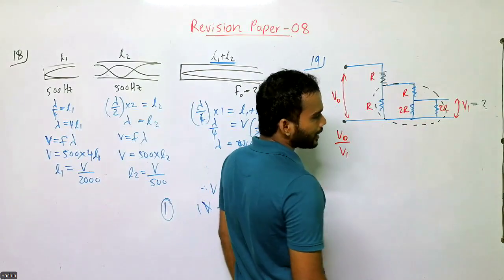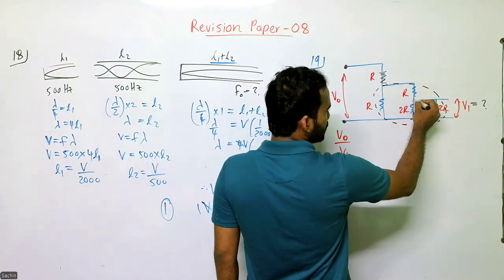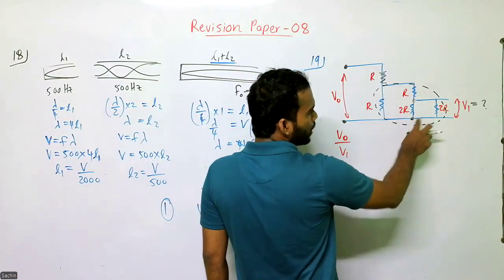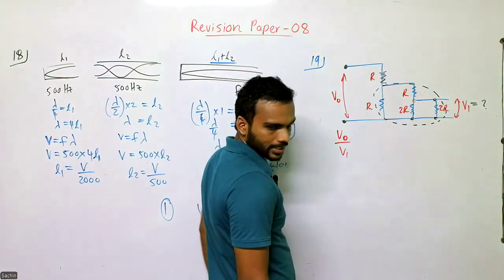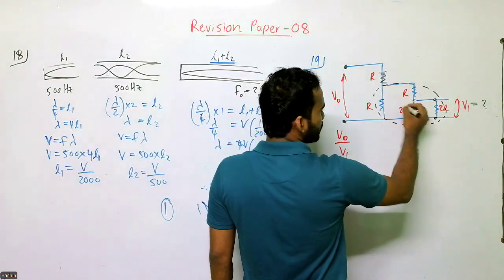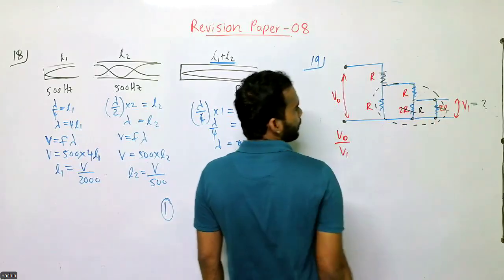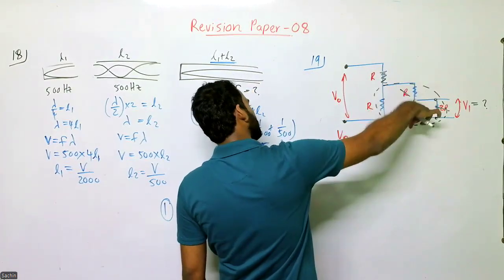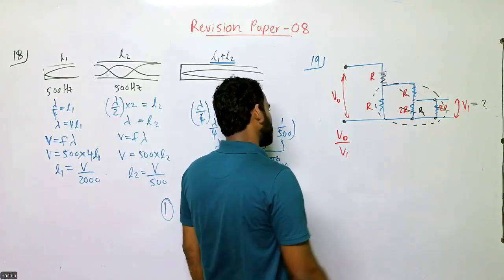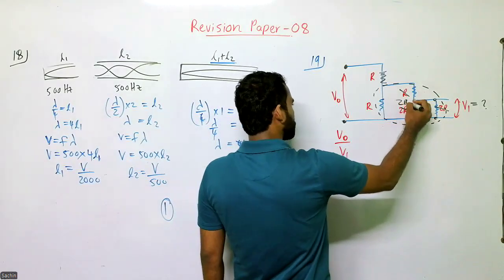Again, you have to identify series and parallel connections. So when you come to this point, 2R and 2R are connected at the same ends. They become R. R, R, now they are in series. From here to here, a single path is there to flow the current. So that will be 2R.